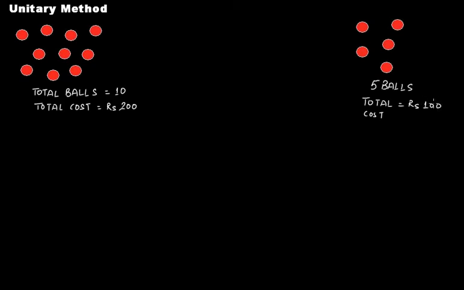But suppose someone asks you that if the total cost of these 10 balls is rupees 200, then what will be the total cost of 7 such balls, or 5 or 6 such balls, or 3 such balls, or even 2 such balls, or 23 such balls? What will be the cost?